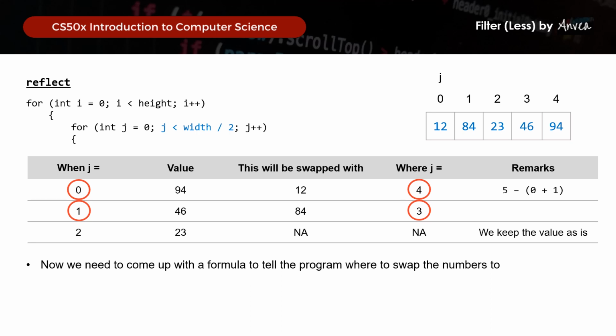For the second row, you can find the value of the j that you want to swap your value into by taking width, which is 5, minus j, which is 1, plus 1, equals 3, which is the value of j that you're trying to swap this into. So the formula to tell the program where to swap the numbers into is width minus j plus 1.